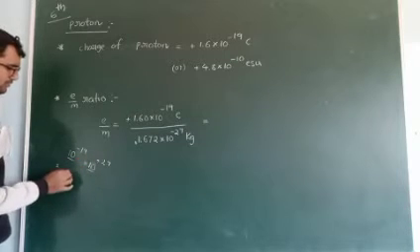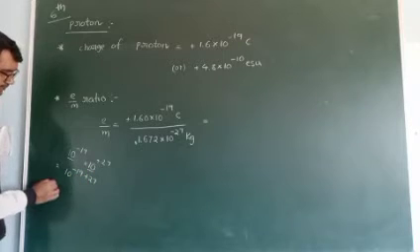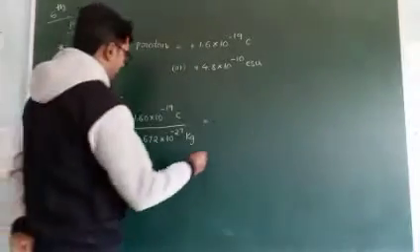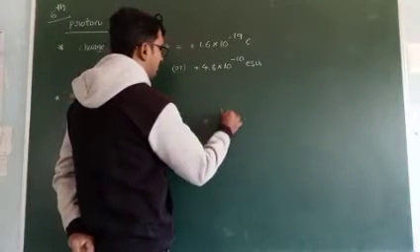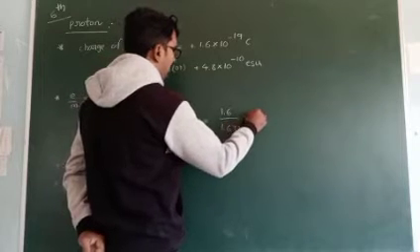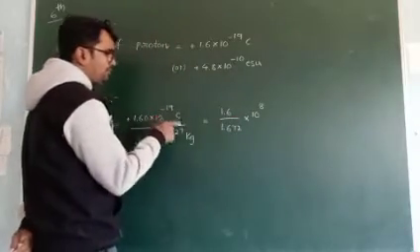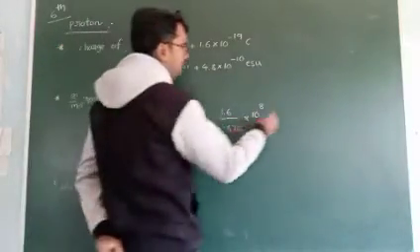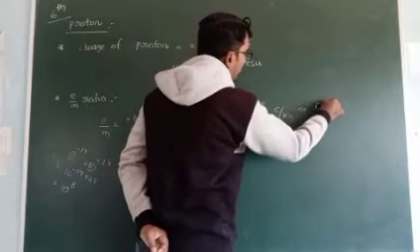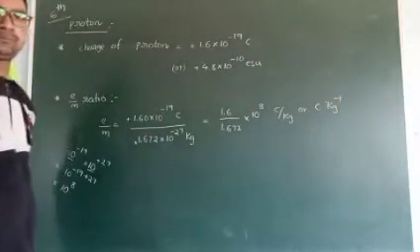So minus 19 plus 27, this value is 10 to the power of plus 8. So this is 1.6 by 1.672 into 10 to the power of 8. Units are coulomb by kg, or write like this, coulomb per kg, right?